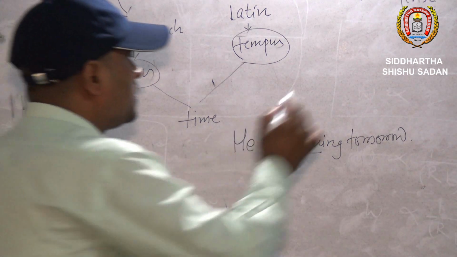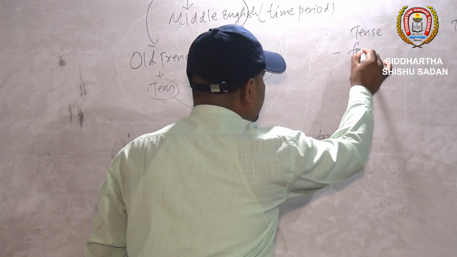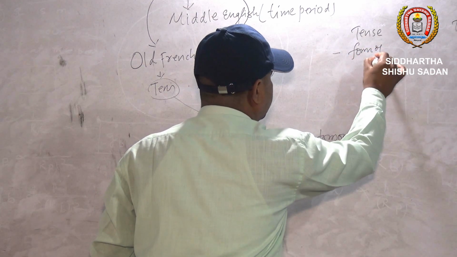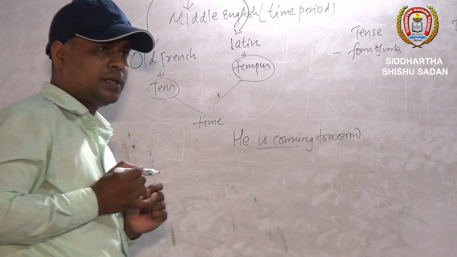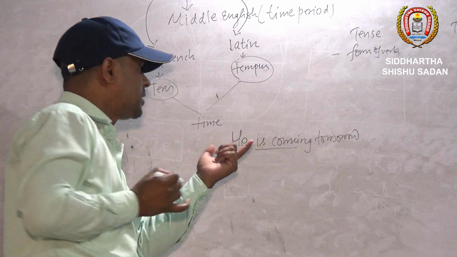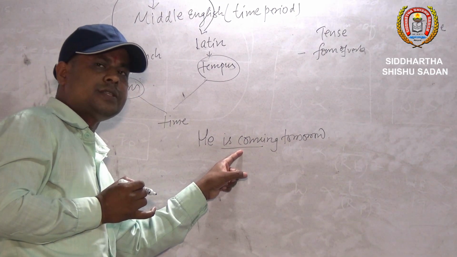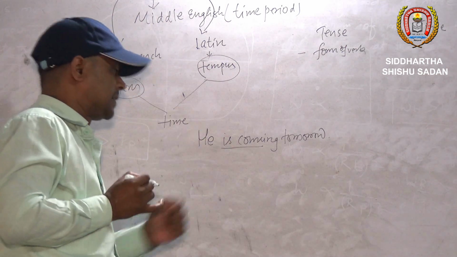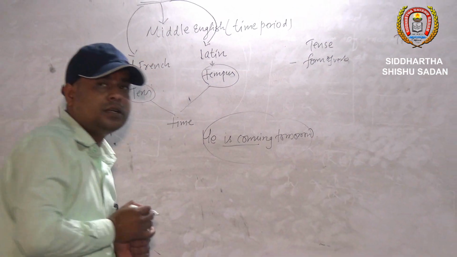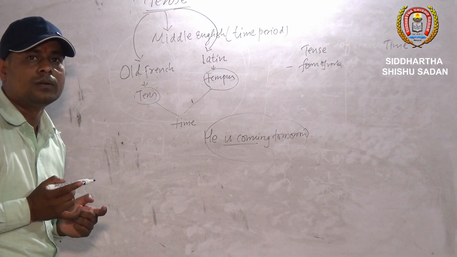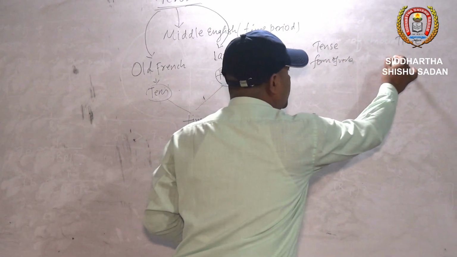Tense, first point here, dear students, tense denotes the form of verb, whereas time denotes the meaning. Structurally, this is present continuous tense. But if we talk about the meaning of the verb, it is future. So, time denotes the meaning of the verb.